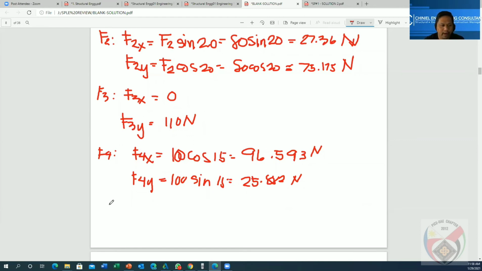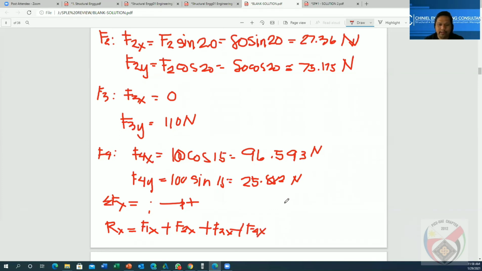So solving for Rx and Ry, we're going to do the summation of forces along the X direction, such that going to the right is positive. So Rx equals F1x plus F2x plus F3x plus F4x.